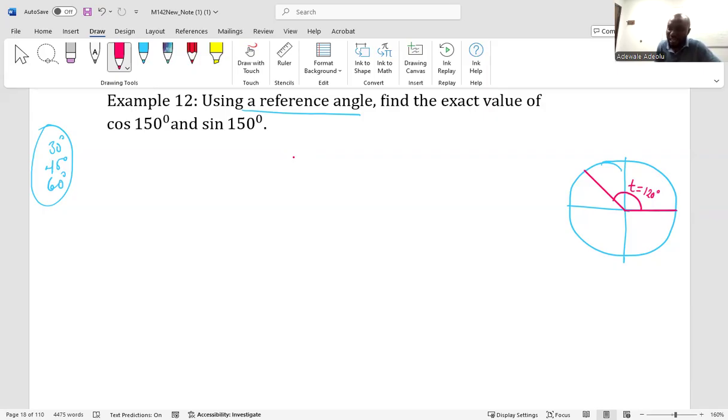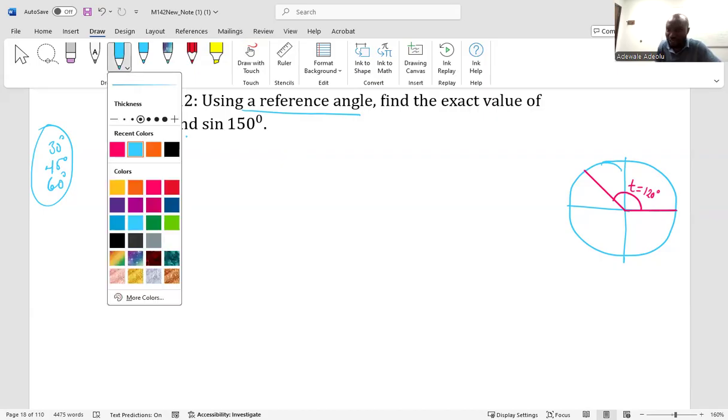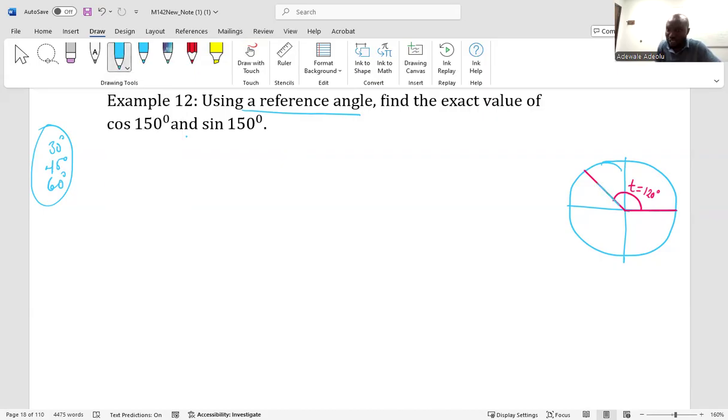To get the reference angle for this 120 degrees, all you need to do is come to the terminal side. You remember what the terminal side is? This side. Find the value of the angle between the terminal side and the horizontal axis. In this case, it is going to be 60 degrees. So you've been able to find the reference angle for 120 degrees. That is how to do it.